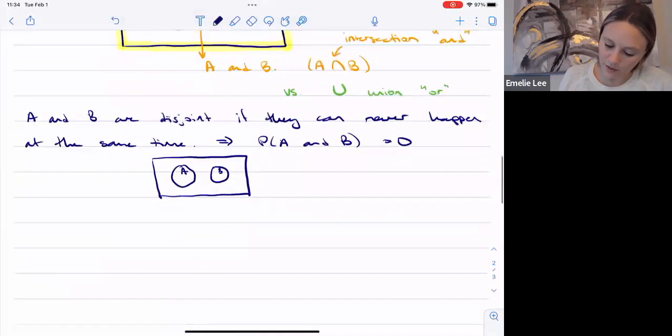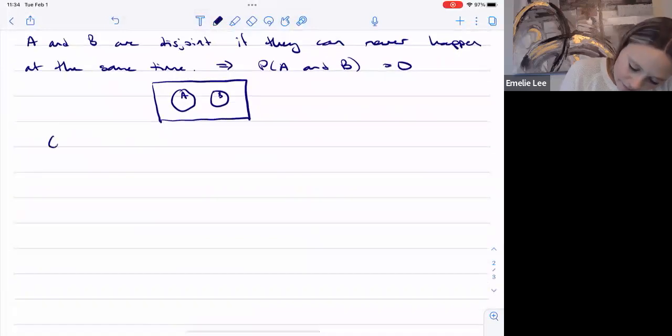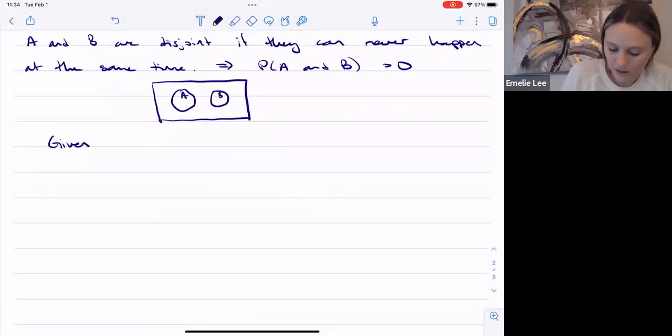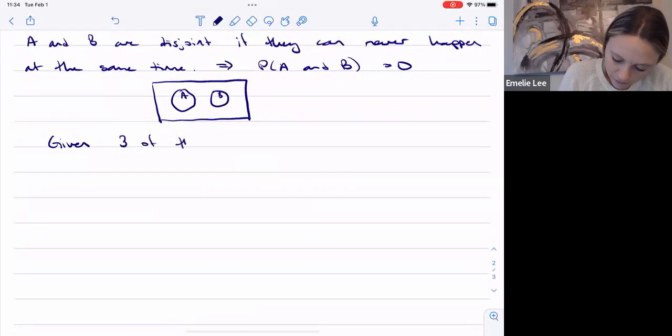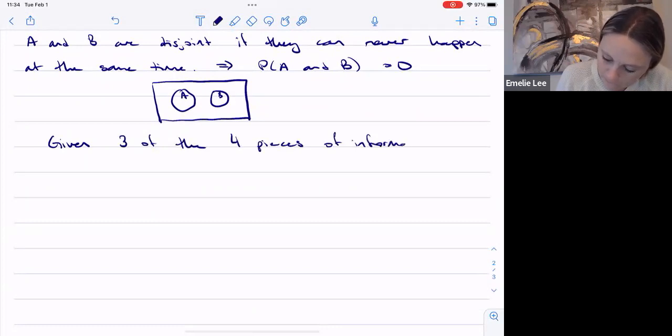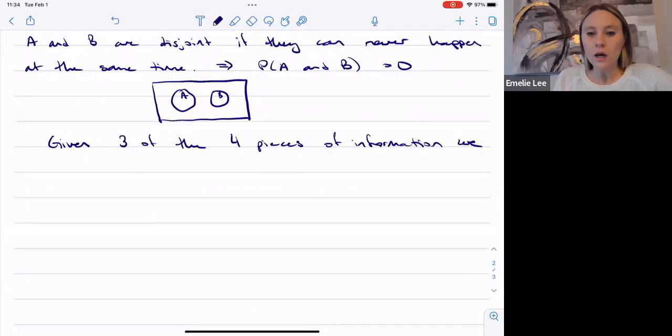Okay, so given 3 of the 4 pieces of information, we usually are asked to solve for the 4th piece, right?